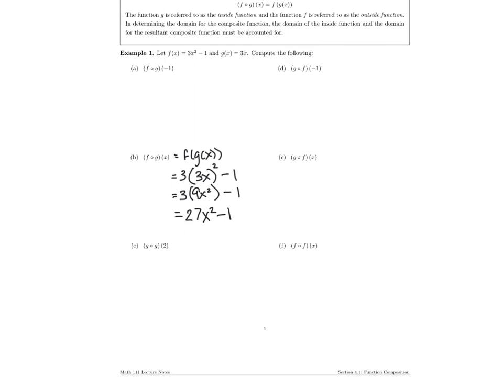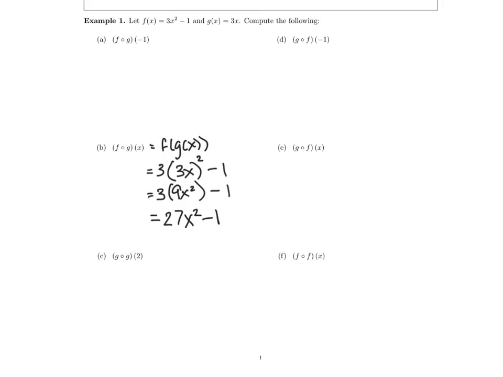So one of the ways to deal with composition as well as evaluating, there we go. For part C, again, I'm going to do this in 2 different ways. This is the same as g of g of 2. One of the methods I can do is find g of g, just like what we did up above with number 2, and then plug a 2 in at the end.